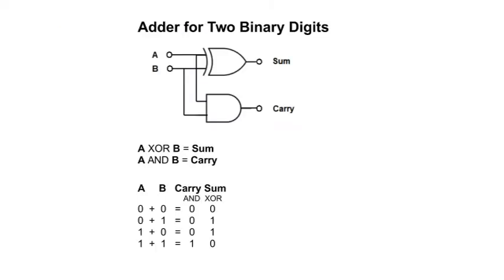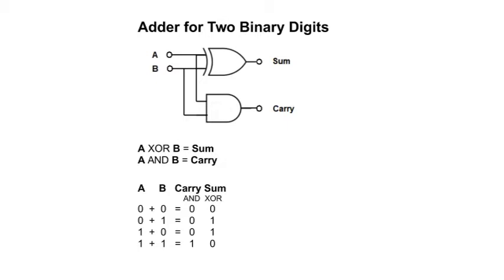Here is the logic designed for an add instruction that adds 2 binary digits, A and B. A and B go through an XOR gate to produce the sum, and also through an AND gate to produce the carry over to the next column.